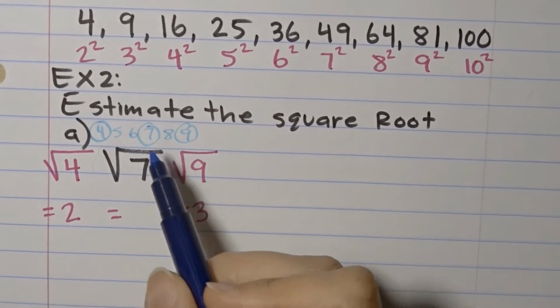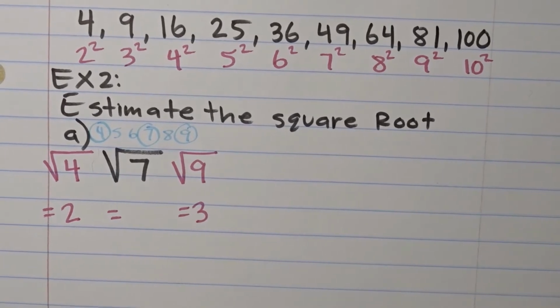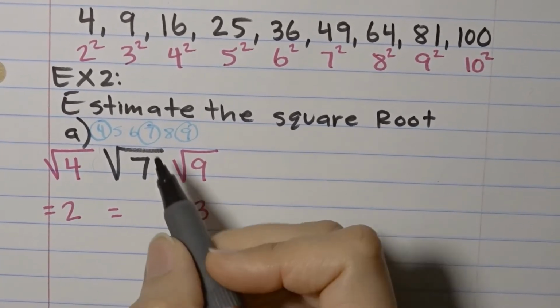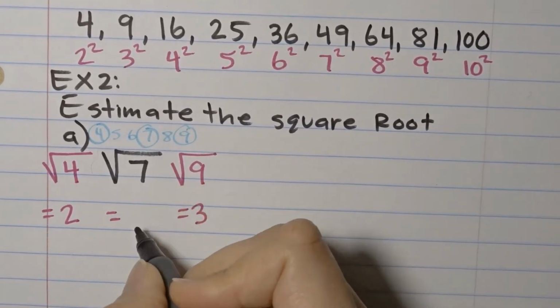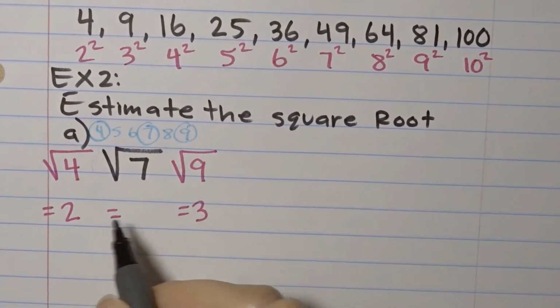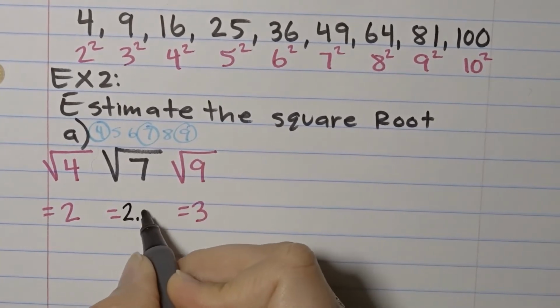Now is 7 right in the middle between 4 and 9? It's not, right? It's a little bit to the right. So 6.5 would have been perfectly in the middle. So I'm going to say it can't be 2.5. It cannot be right in between. It's going to be a little bit closer to the 9. So I'm going to say 2.6.